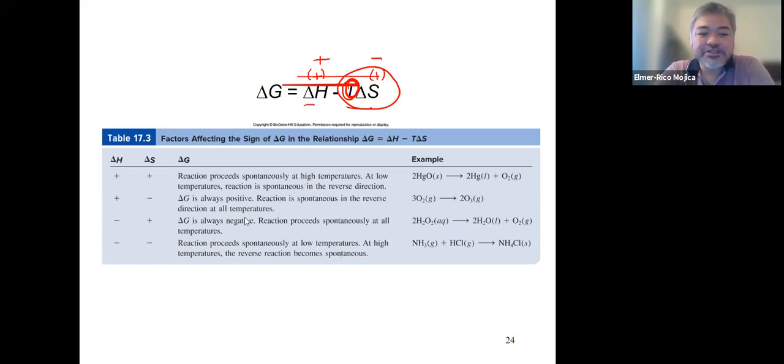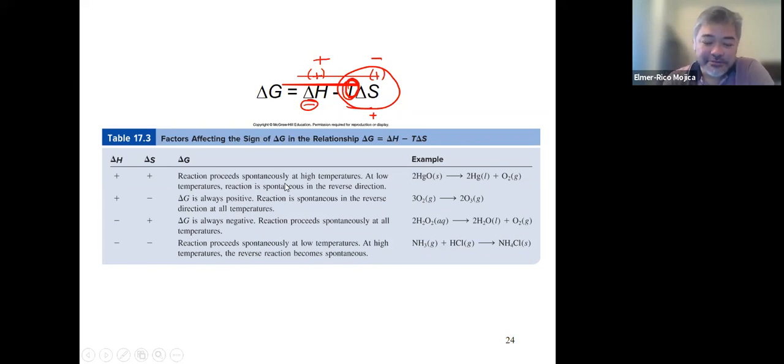Now, the one that will always give you a negative is when delta H is negative and delta S is positive. Because a negative times a positive will give you always a negative. So negative and a negative, that will give you a negative. So these are the multiple choice questions that you have in the fourth exam.